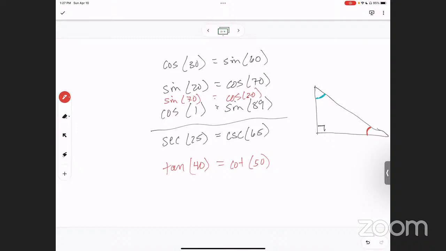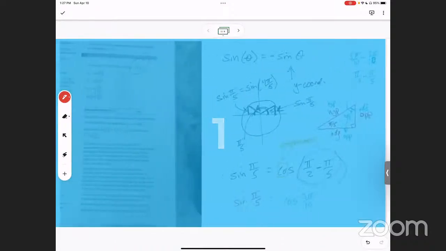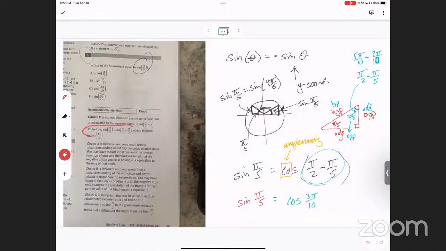Could it be cosine of an angle equals sine of 90 minus pi over 5? That's what they're saying right there. This is kind of a technical way of saying it. They are co-functions. Remember how I said sine and cosine are co-functions?